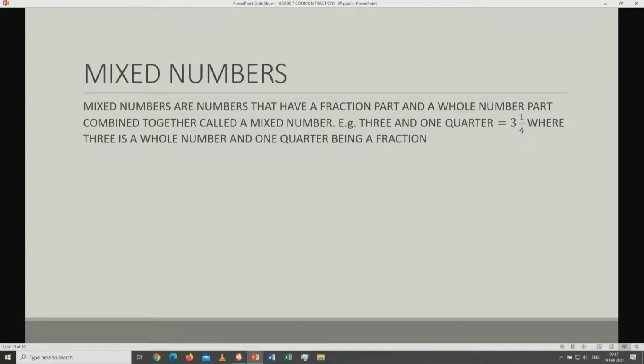We applied our golden rule whereby we said, okay, we cannot add or subtract numerators if the denominators are not the same. Particularly, our objective is to make sure that the denominators are the same before we can add or subtract.